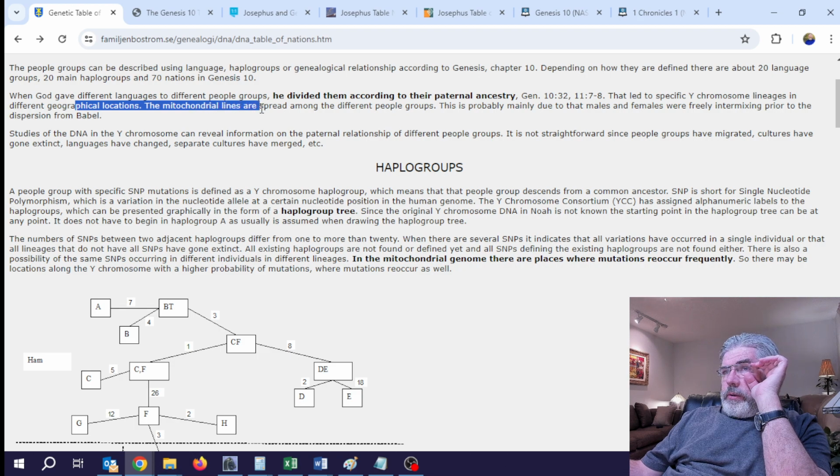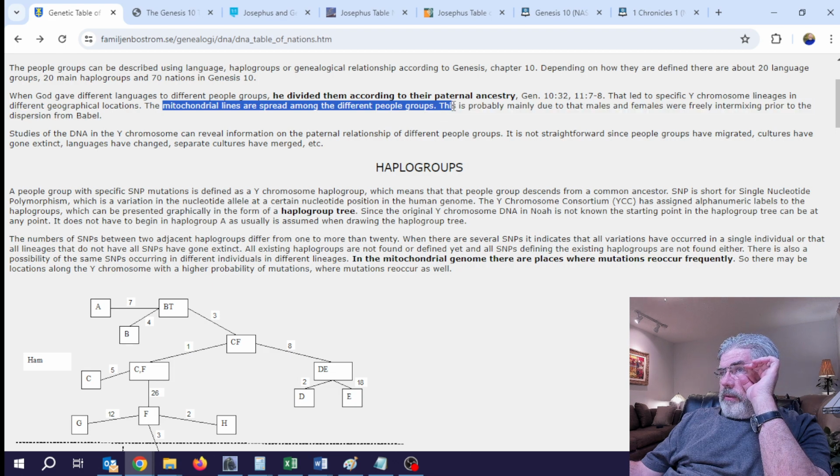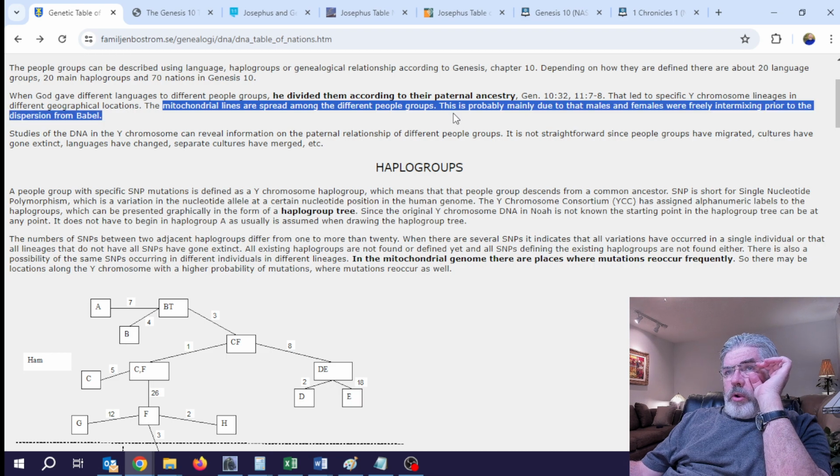The mitochondrial lines are spread among the different people groups. The mitochondrial is more like your mother's genes. This is probably mainly due to males and females freely intermixing prior to the dispersion from Babel, the Tower of Babel. Does that make sense?